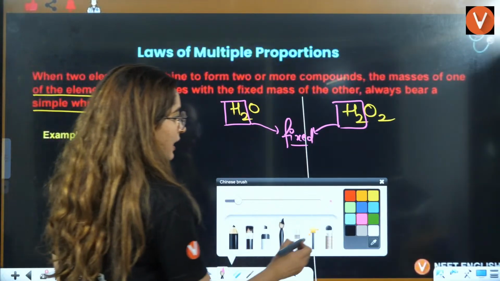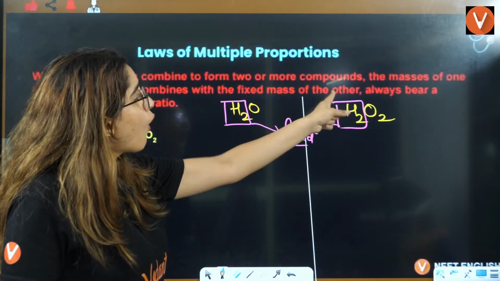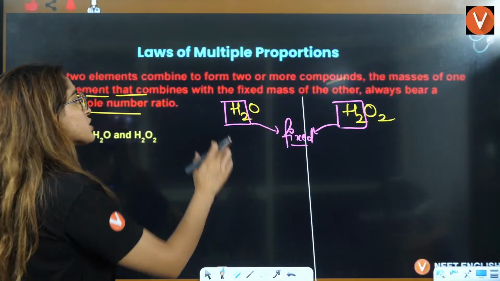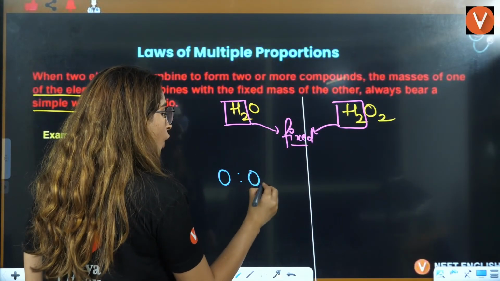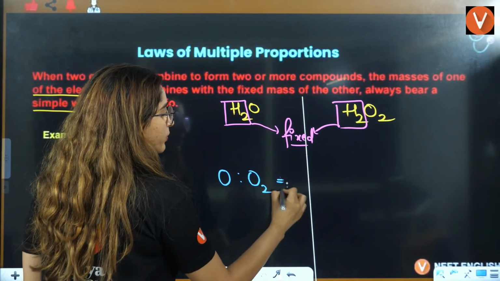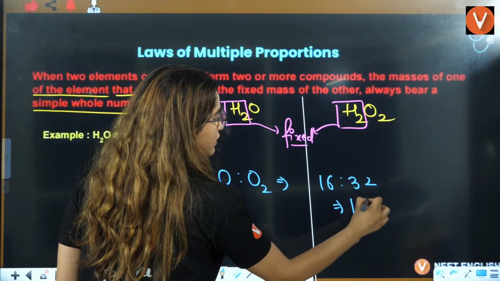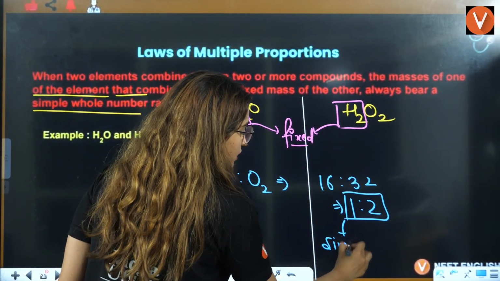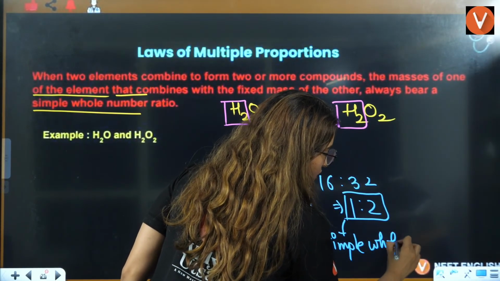Now he is saying that fixed masses of other always bear a simple whole number ratio, right? So if this is fixed here, then the other one, oxygen ratio, oxygen here is going to be nothing but 16 ratio 32, that is 1 ratio 2, that is a simple whole number ratio.